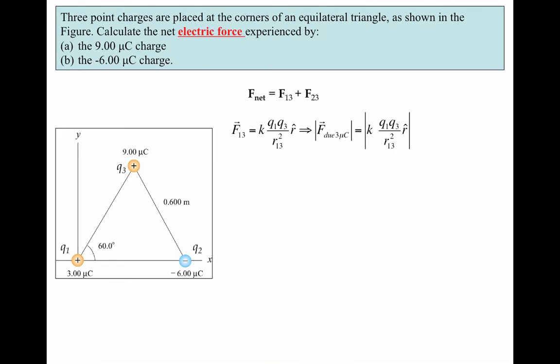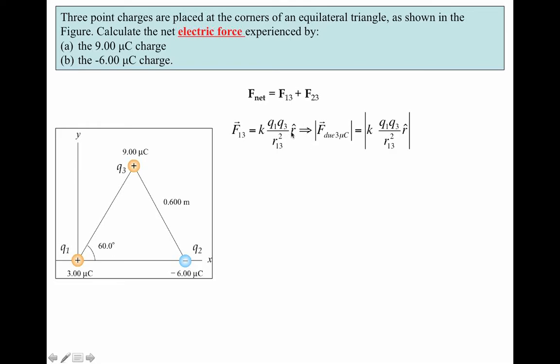Okay, so let's start. We'll use Coulomb's law, which says that the force, for example F1 on 3, will be k Q1 Q3 over the distance between them squared, times r hat. The r hat is used for the direction.